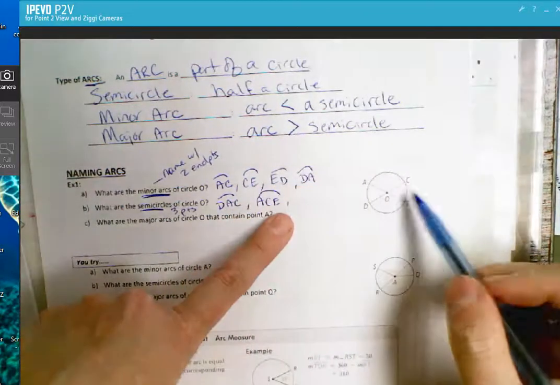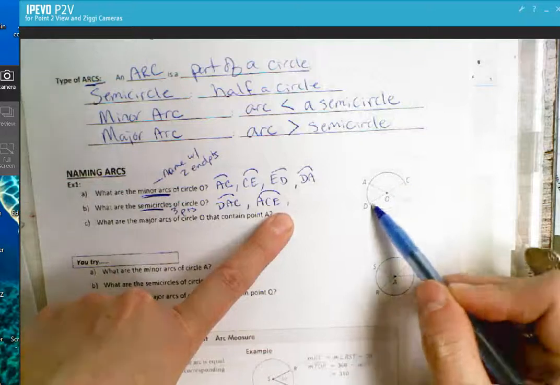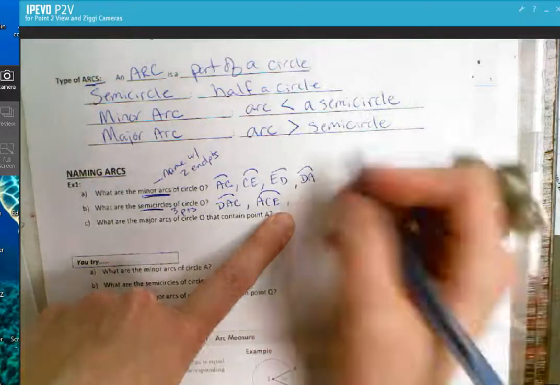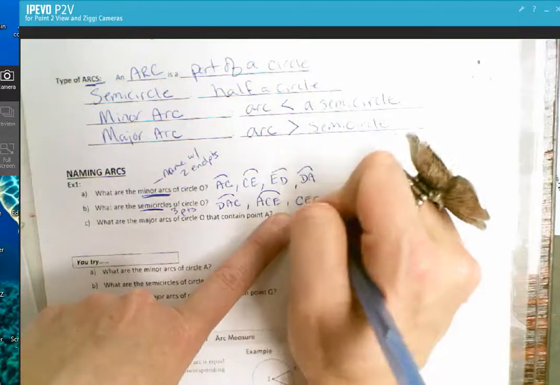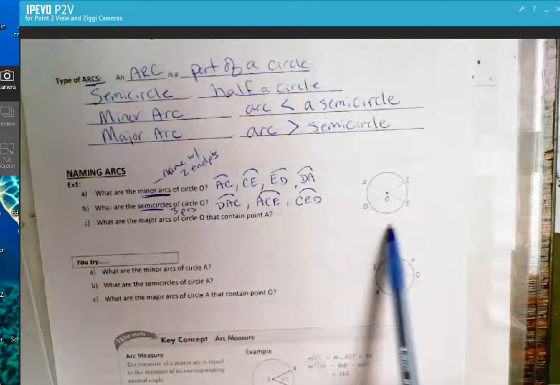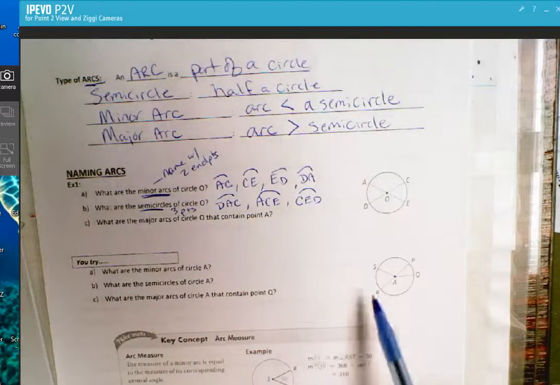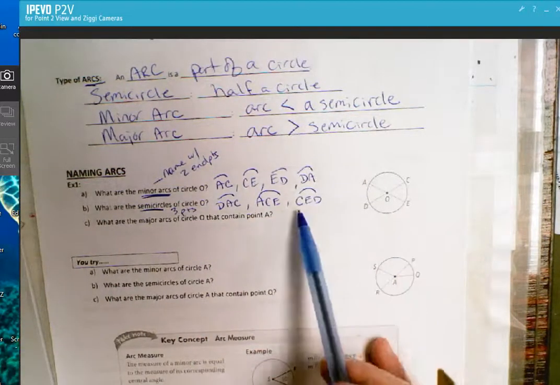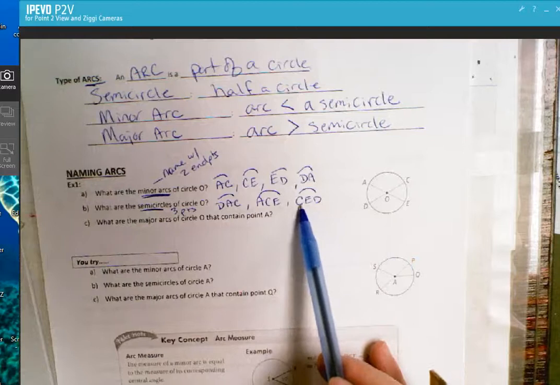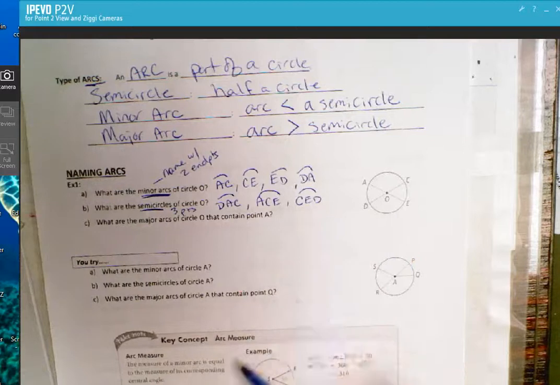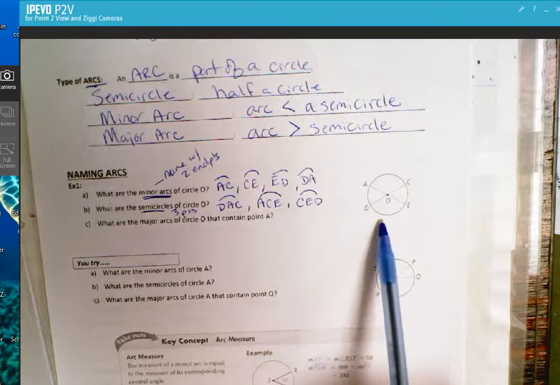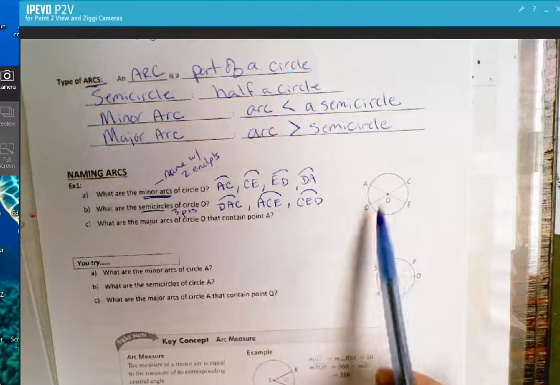It's another half of a circle. And I also have this arc down below, which is CED. Again, naming all of them in the opposite direction rotation as well. But the two ends are the endpoints of your arc, and then you need a third point in the middle. So if you don't have a third point, you need to drop a point in there so that you can name the arc.